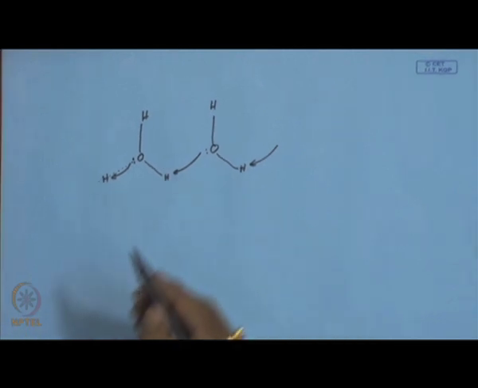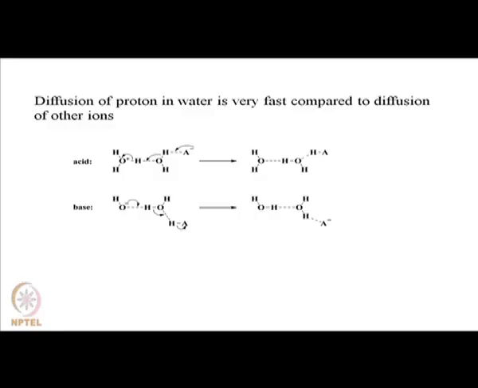It is also called the Grotthuss type of mechanism. That is why it is very fast compared to diffusion of other ions, because the proton is the lightest entity. Lightest entity means it does not require that much time to move, and if this mechanism is operative, then it is even faster.